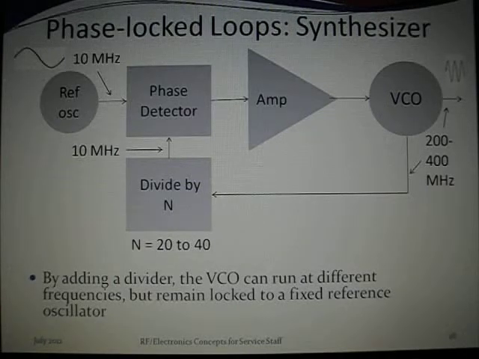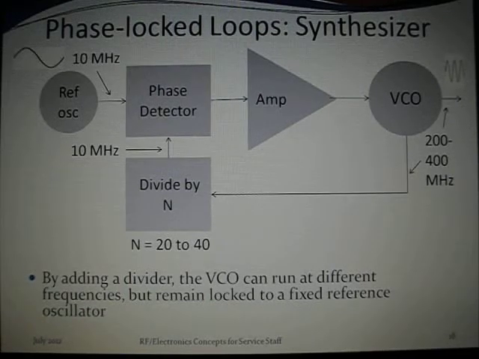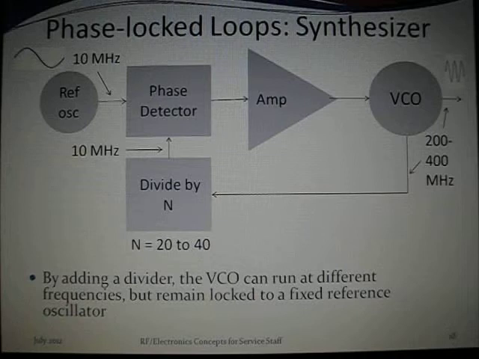Phase detector and amplifier produce a conditioned tune voltage that locks the VCO to the reference oscillator, but at a frequency that is precisely n times the reference oscillator. In this example, the divisor, or n, can be at any value from 20 to 40, which will tune the VCO from 200 to 400 megahertz while keeping it locked to the 10 megahertz reference oscillator.